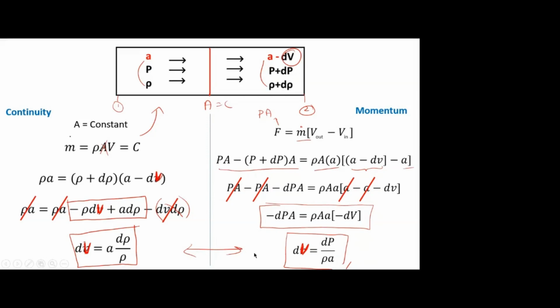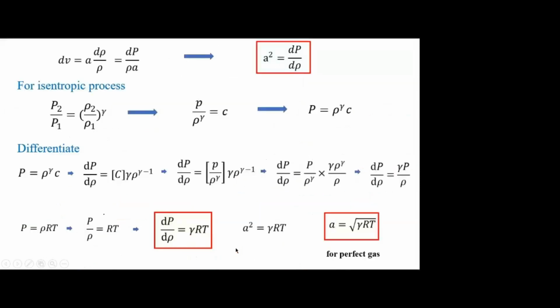Now I'm going to equate these two dV equations. From continuity, dV is equal to A d rho by rho. From momentum, it is dP by rho A. If I equate these two, the density I can cancel. Remaining, you will get A squared is equal to dP by d rho.